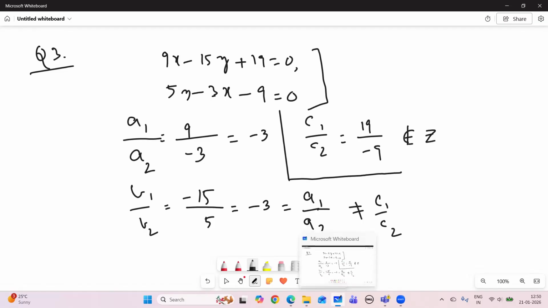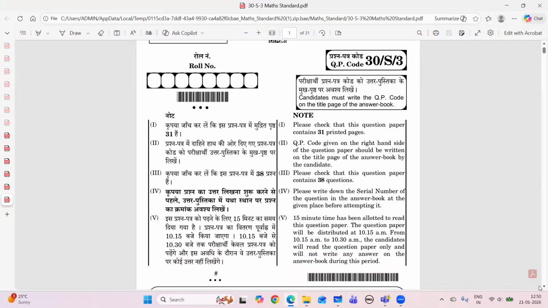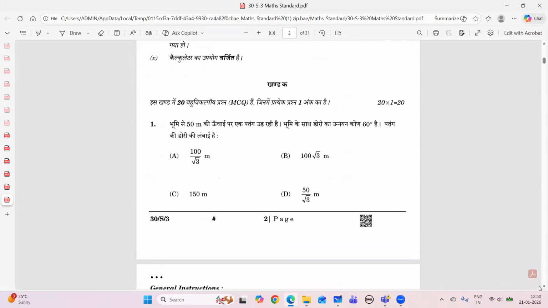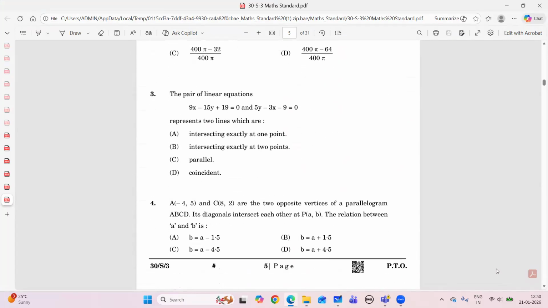So there will be no solution. Let us look at the choices. So they are parallel lines. Okay, answer is C.